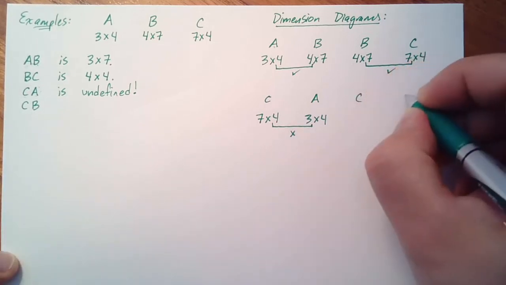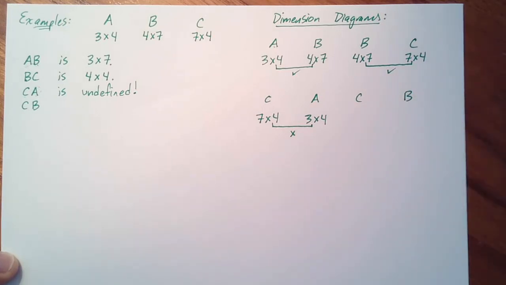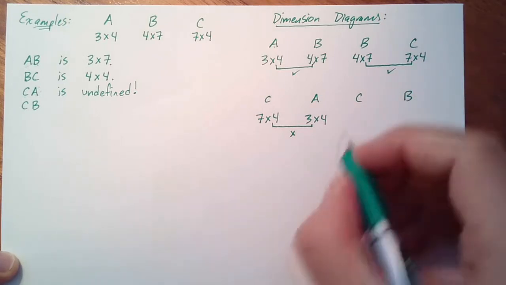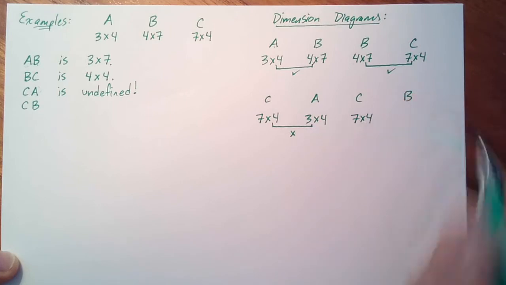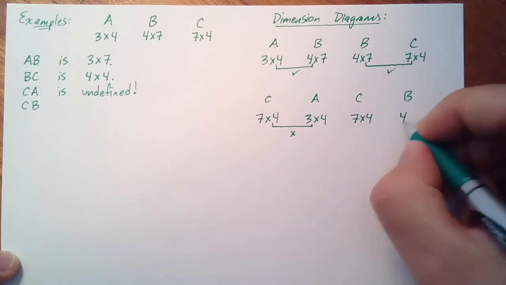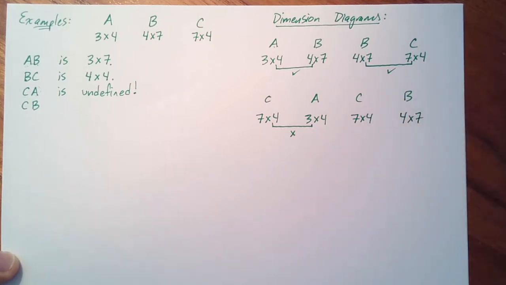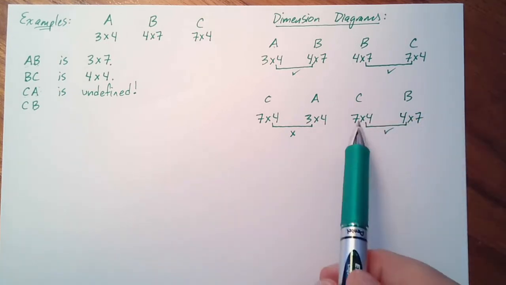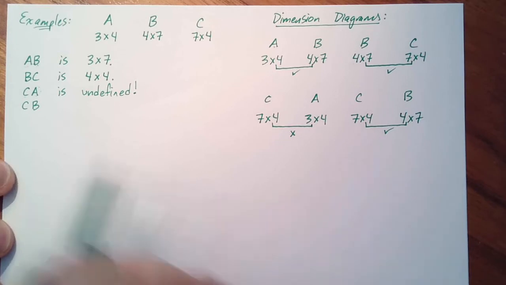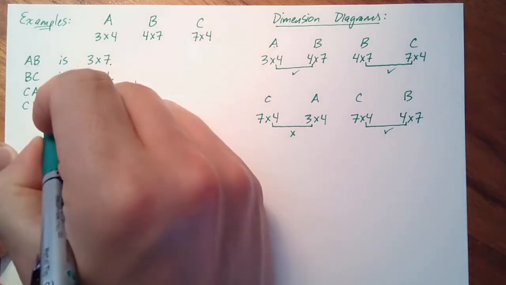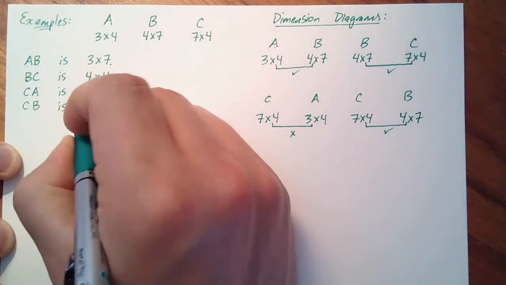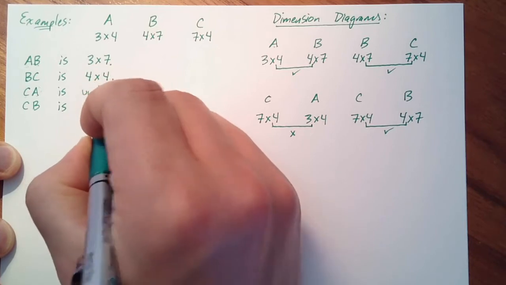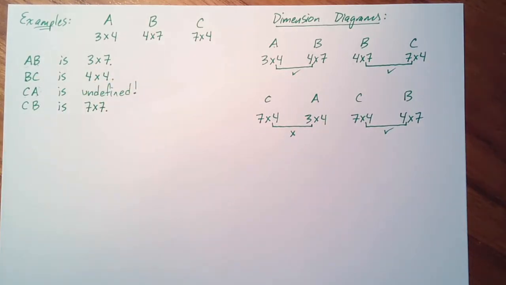Well, the diagram for CB, let's write down the dimensions. So C is 7 by 4 and B is 4 by 7. So do the inner numbers agree? Absolutely they do. So the two outer numbers, 7 and 7, will tell you the dimensions of C times B. So C times B is going to end up being 7 by 7.